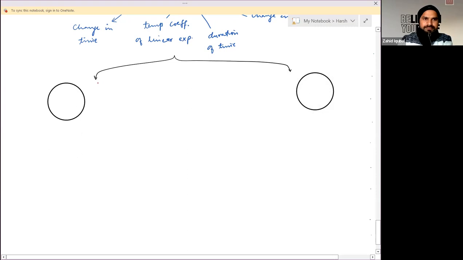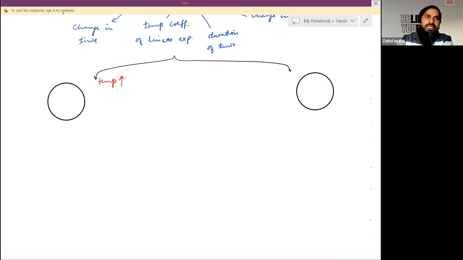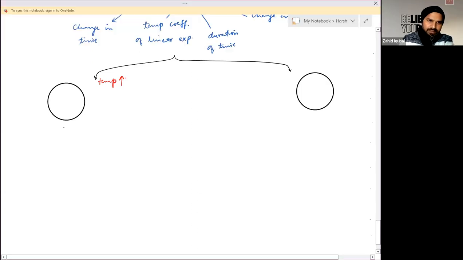First part, if temperature is increased.